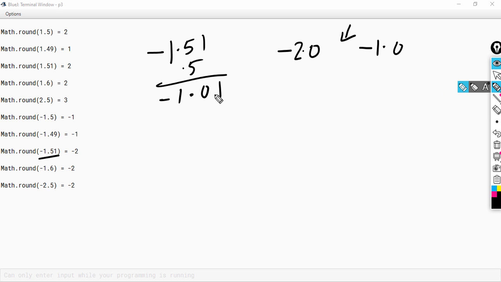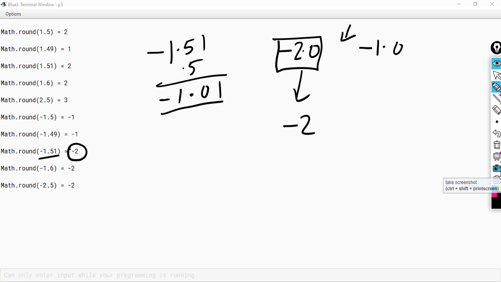So the floor value of minus 1.01 will be this one, minus 2.0. So the answer will be the integer value of this. The integer value is minus 2, hence the answer is minus 2.